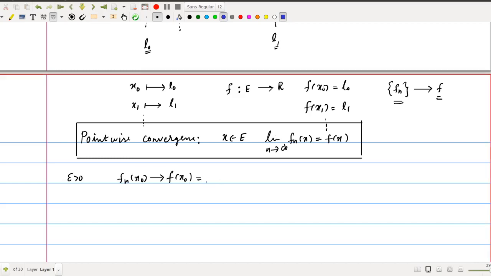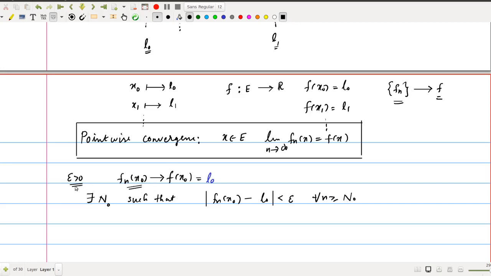Then corresponding to each epsilon greater than 0, there exists some n0 such that modulus of fn of x0 minus L0 can be made less than epsilon for all n greater than or equal to n0. This is the definition of convergence of this sequence.